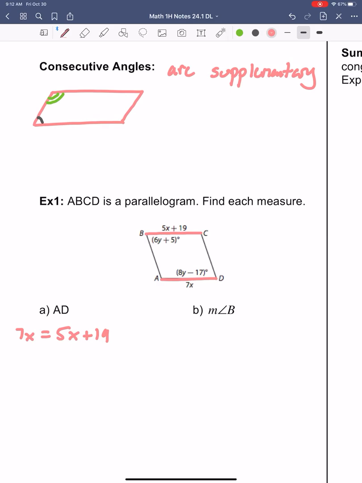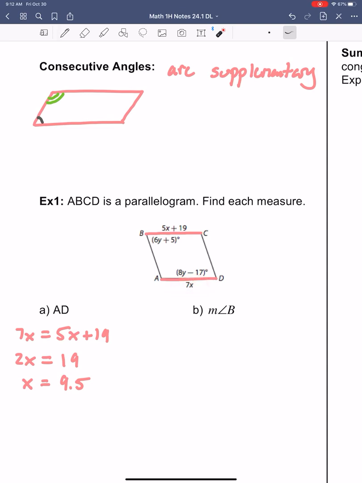And now I can go ahead and solve here. So I'm going to subtract 5x from both sides. That'll give me 2x equals 19. Divide both sides by 2. I get x equals 9.5. All right, and then remember it wants the length of this side here, AD. So I have to plug that back in to what I have for AD, which is 7x.